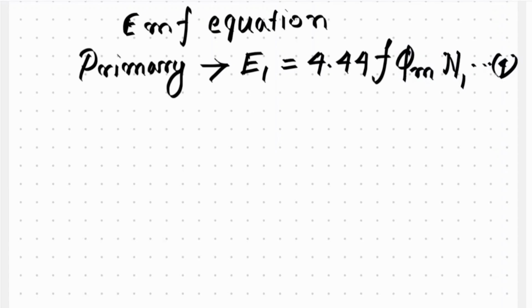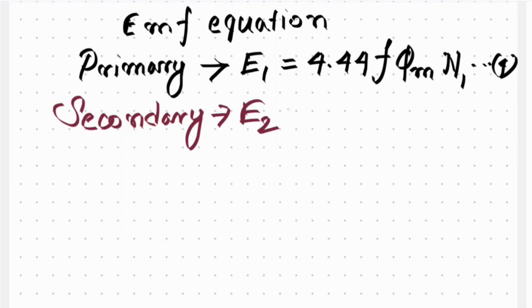This is equation 4. Then for the secondary we can write E2 is equal to 4.44 f phi m N2.